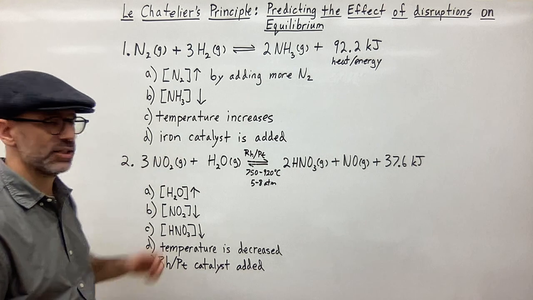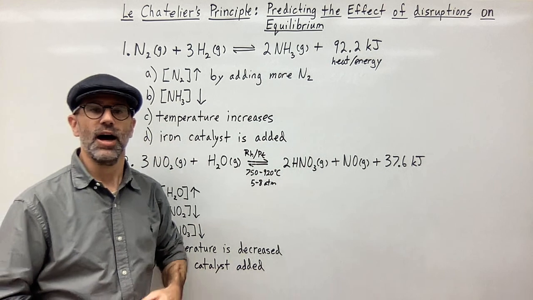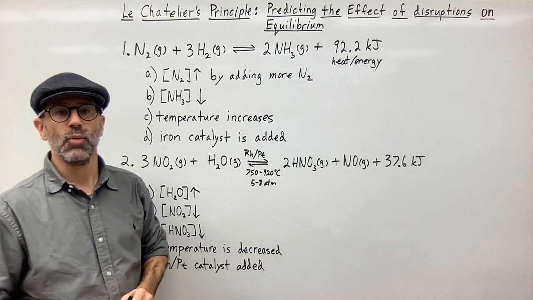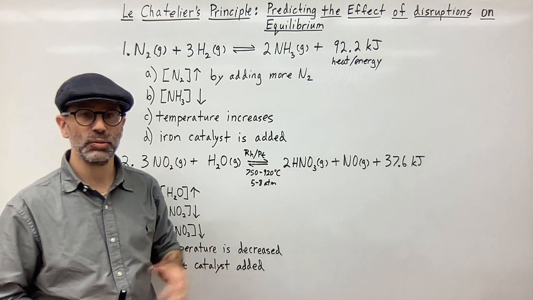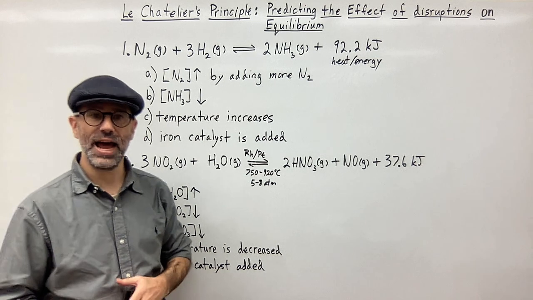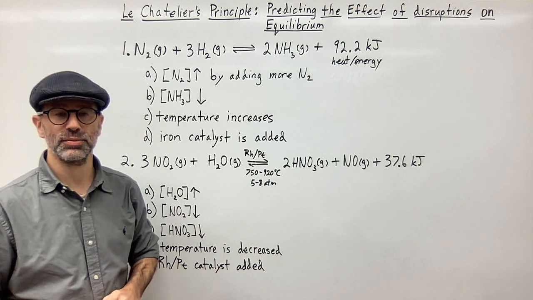Iron catalyst is added. So you add an iron catalyst to the reaction mix. How is that going to affect it? Well, Le Chatelier's principle does not apply to catalysts. So it's not going to have any effect according to Le Chatelier's principle.